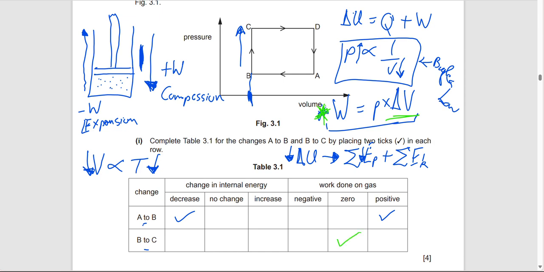I'm going to mark that in green. And then the change in internal energy: since we're not told whether there's a change in the heat supplied Q, we take the internal energy change to be no change. And that's how you fill that table.